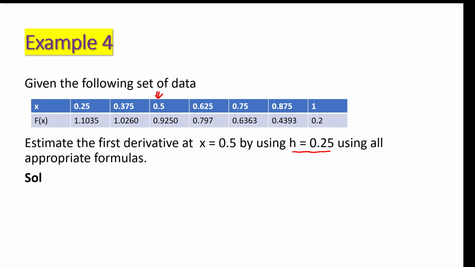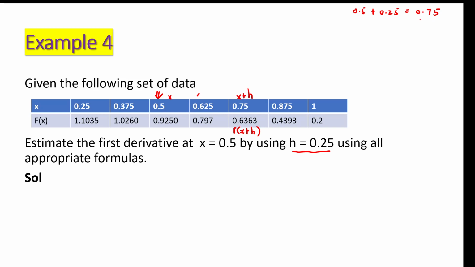So x is 0.5 and the increment is 0.25. Adding 0.25 to 0.5 gives 0.75, which is x plus h, so this is f(x plus h).